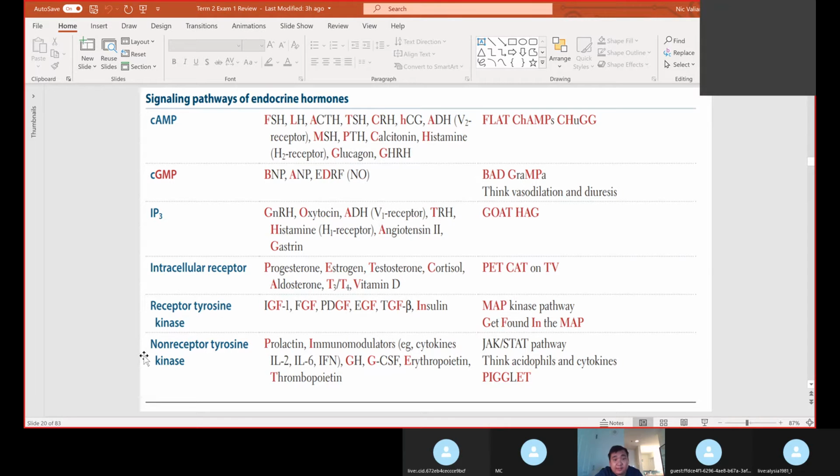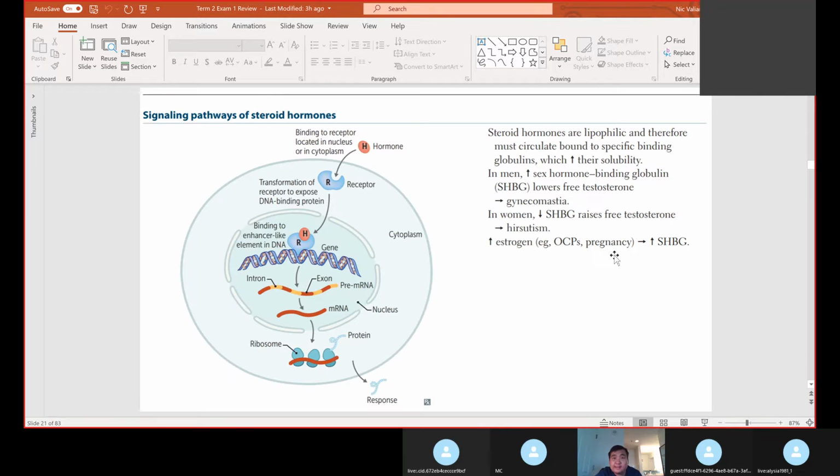And you can also have non-receptor tyrosine kinase, which is the JAK-STAT pathway. Don't forget, memorize the signaling pathways and the hormones. Easy questions. Again, why can progesterone, estrogen, and testosterone just cross the phospholipid bilayer? Because they are lipophilic.